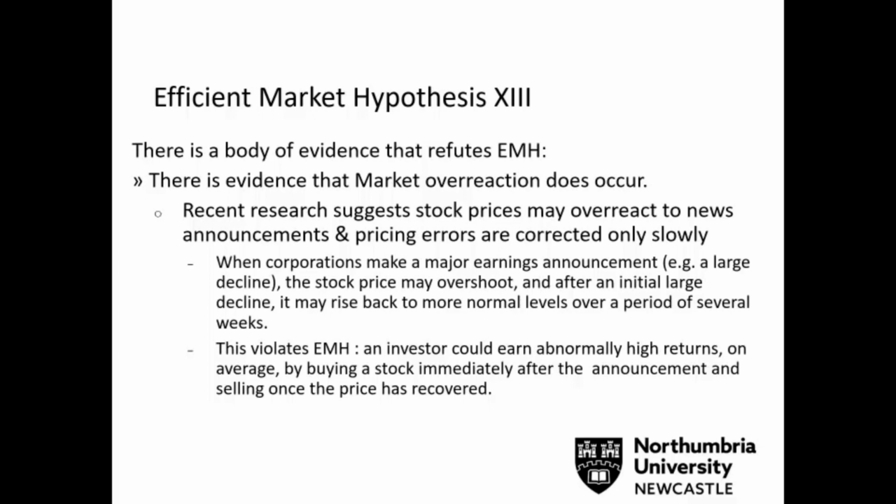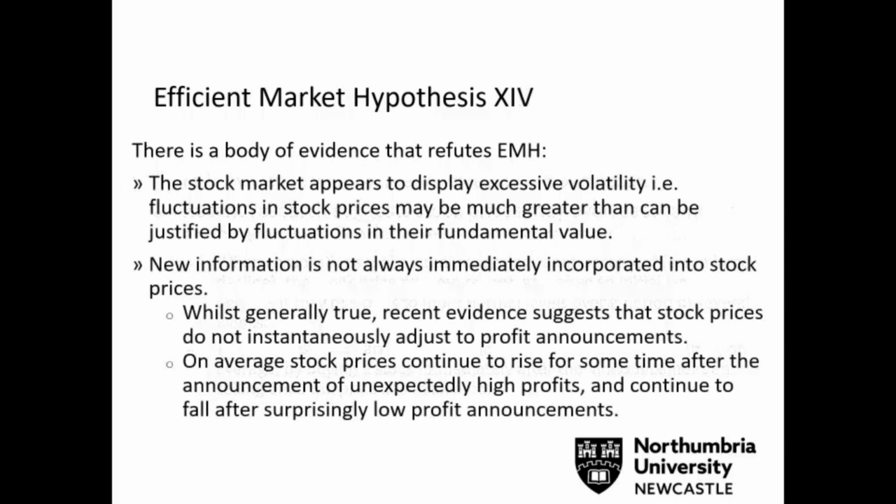And because there's an overreaction, this can be predicted, and therefore it violates stock market efficiency, as you could potentially buy and sell knowing that an overreaction would occur and take advantage of it, depending on which strategy you use. Additionally, there's evidence out there that shows there's a lot of excess volatility, specifically during times of stress.